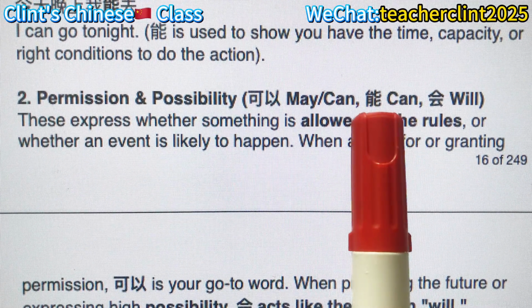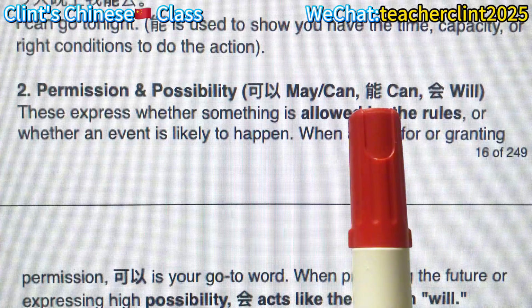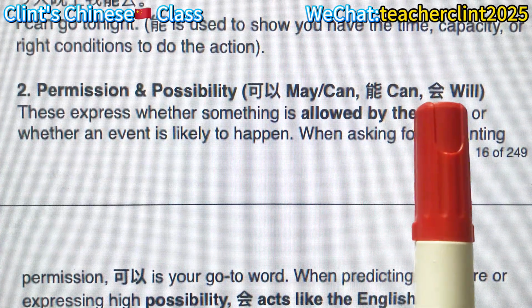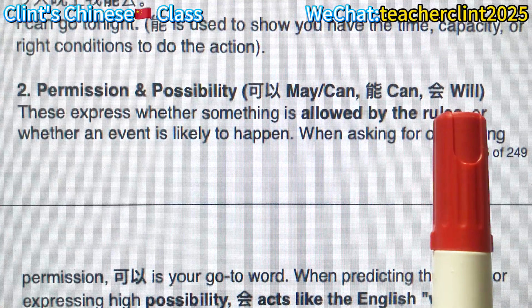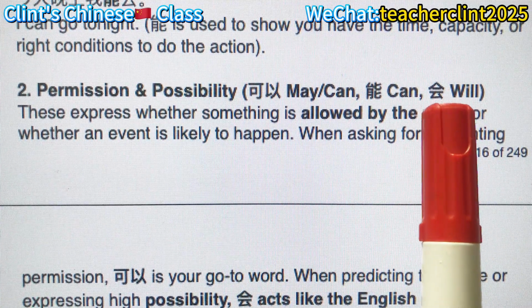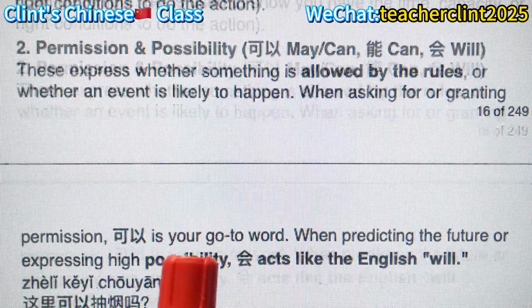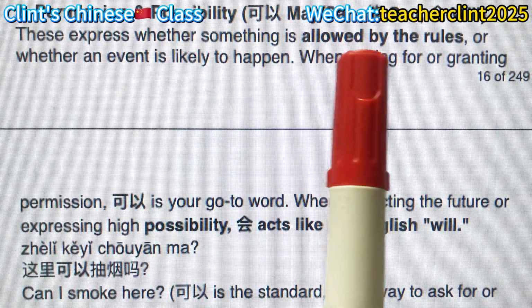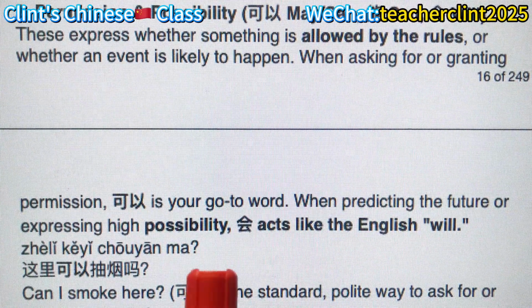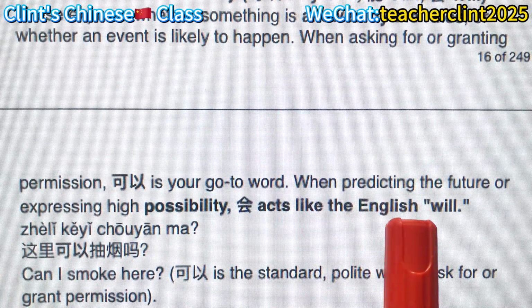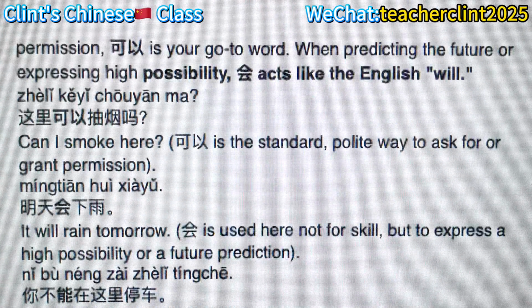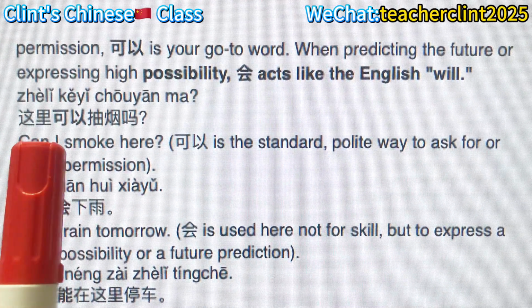But it can also show permission, like you can do something or you cannot do something, 能 or 不能. And 会 here also shows possibility. So 可以 is for permission, whether it's allowed by rules, and 会 can be like will do something to show possibility. Let's take a look at the example sentences.